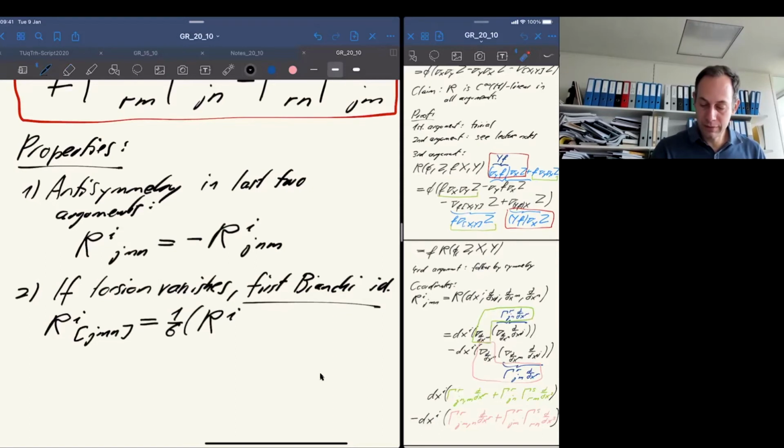Of course, I think I don't need to write it out. It's just all three combinations with the antisymmetrization.